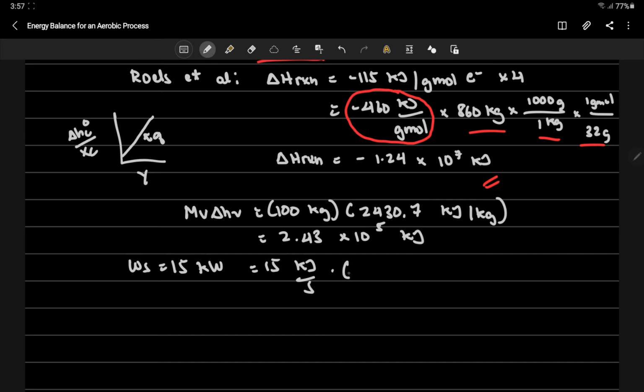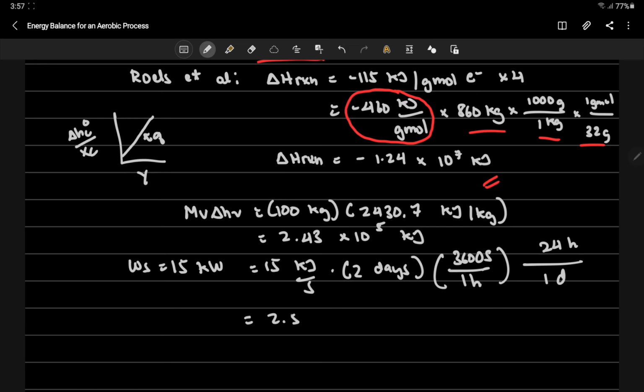Sabi sa problem, 2 days yung duration ng fermentation. Na yung 2 days na yan, convert natin yan sa seconds. Diba? Ang 1 hour is 3,600 seconds. And yung day to hour conversion is that 1 day, of course, 24 hours. And you will get here 2.59. Okay, let me double check. Yep, 2.59 times 10 raised to 6 kilojoules.